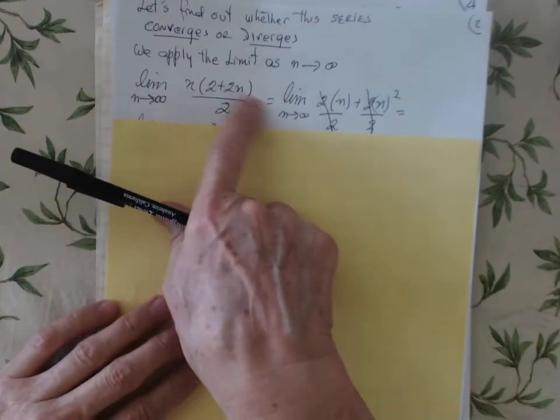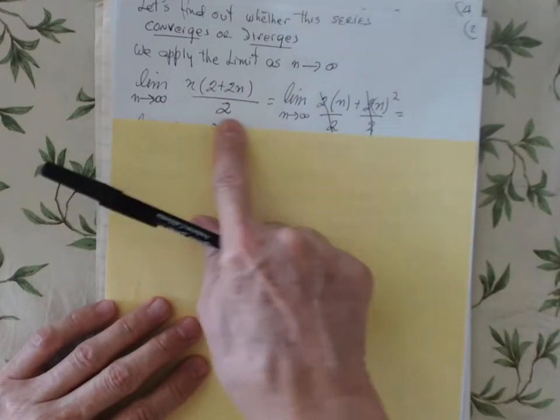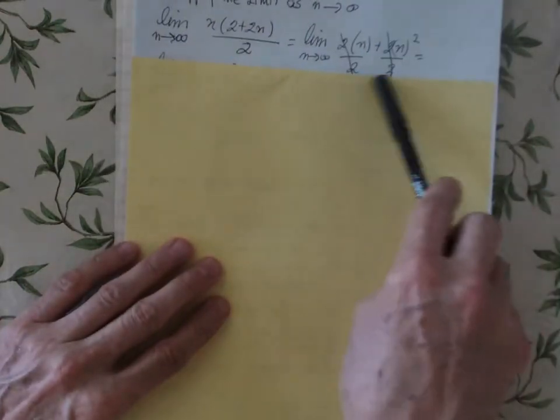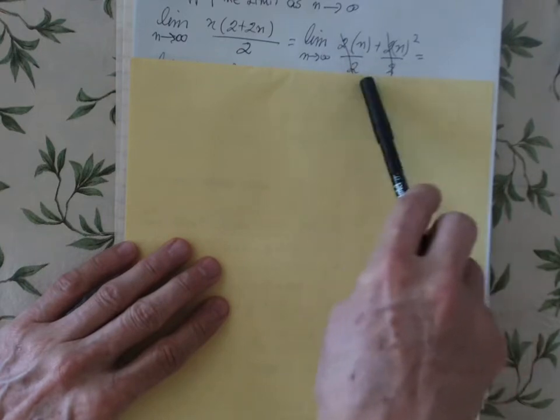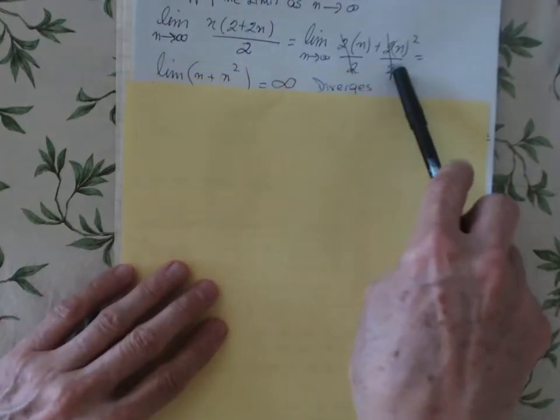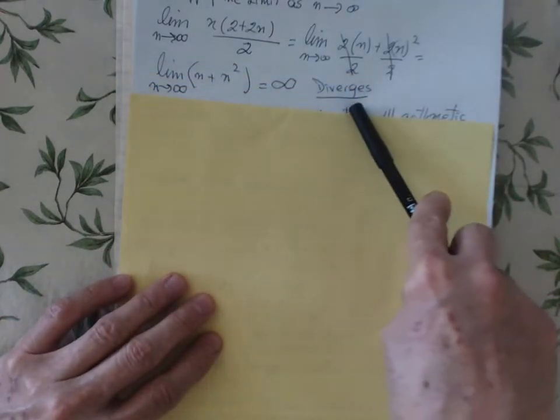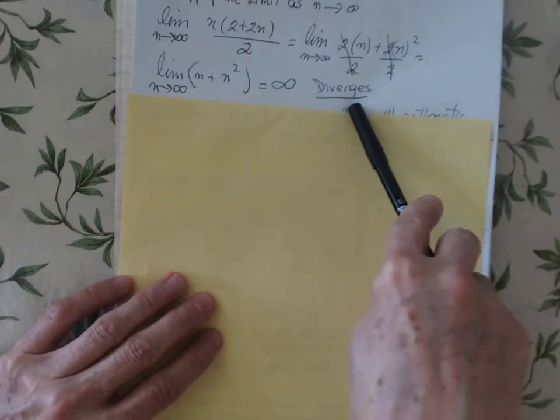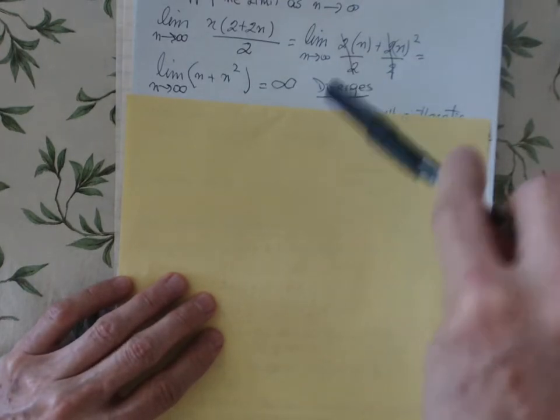Simplify, multiply it out, divide by 2, common denominator, and then simplify, and you find out that it goes to infinity. It diverges.